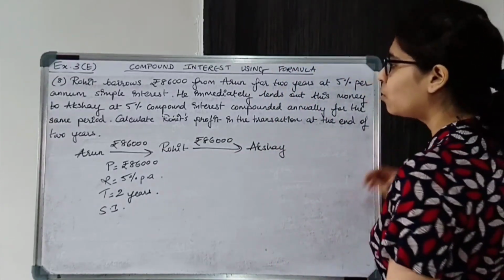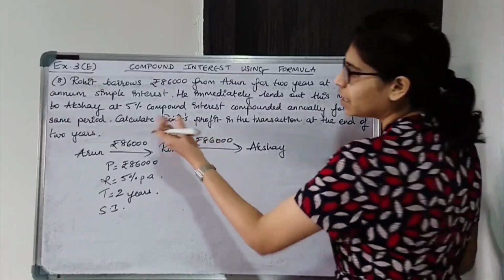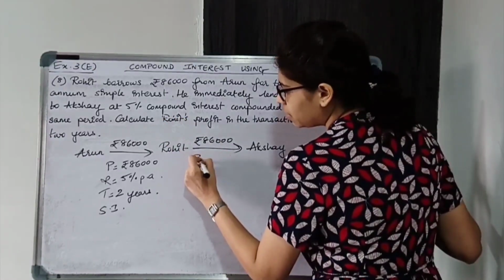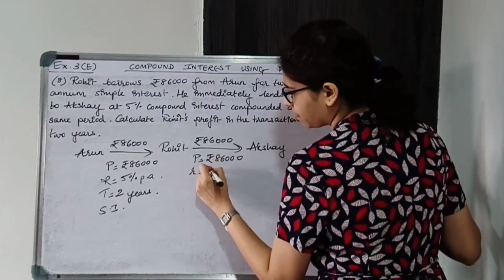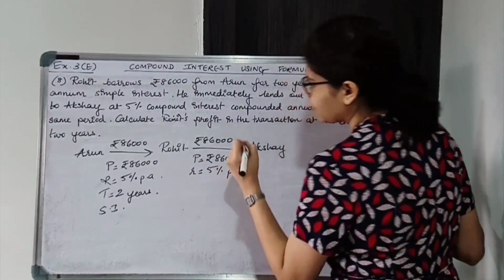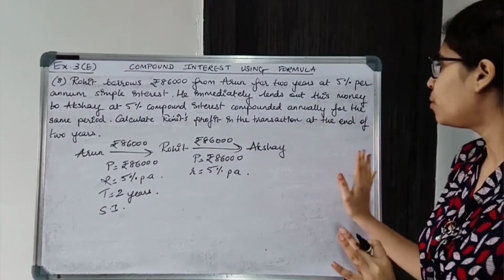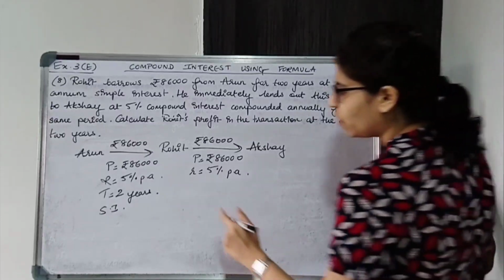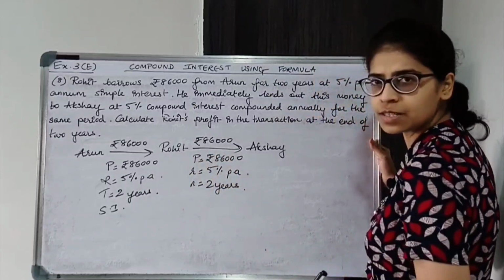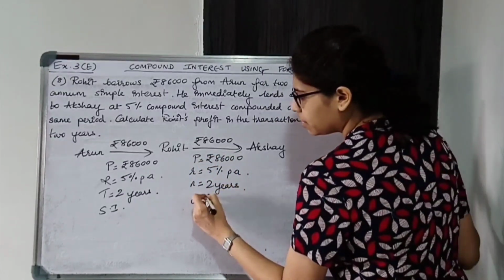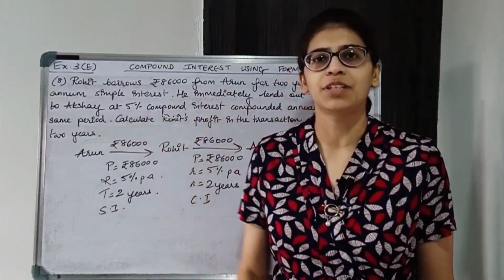The rate of interest is 5%, principal is 86,000, compounded annually. So the normal formula for amount, and n is 2 years. Everything is the same, but here it is compound interest. We know compound interest is always more than simple interest.